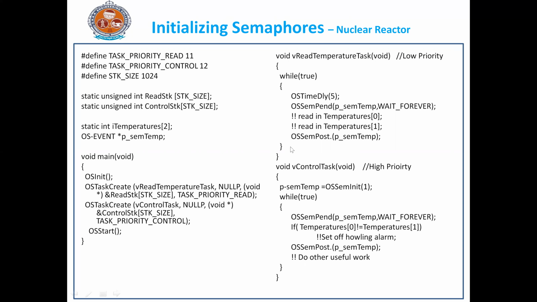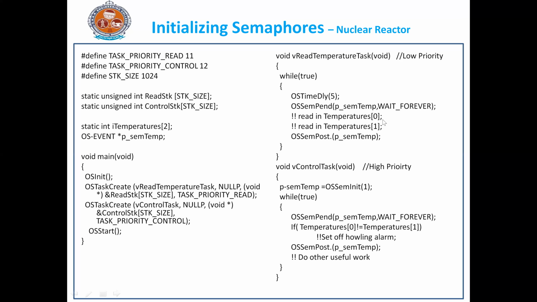Suppose the temperatures at some particular time are 70 and 70. Here the reading temperature task is low priority and the V control task is high priority. Suppose after reading one temperature, this control task is called. Say at the previous time it was 70-70, and after some time it is 71-71. But 71 is updated to temperatures of 0, while 71 is not updated to temperatures of 1, because in between this task is called.